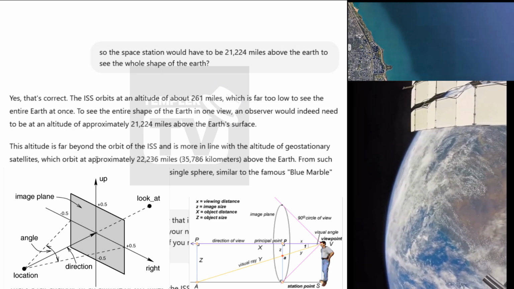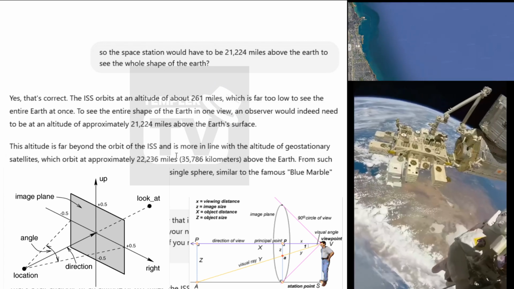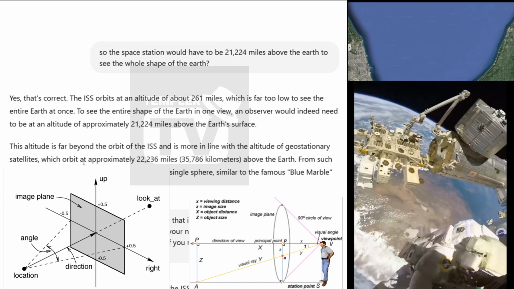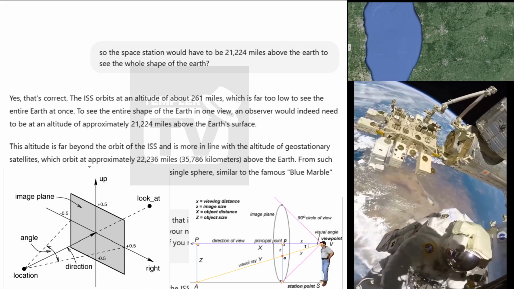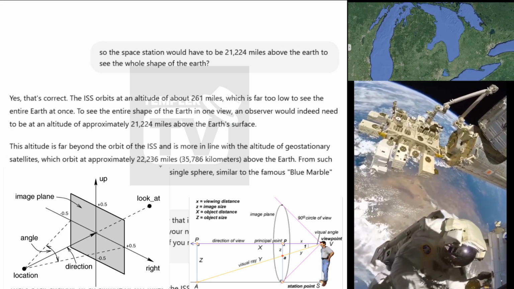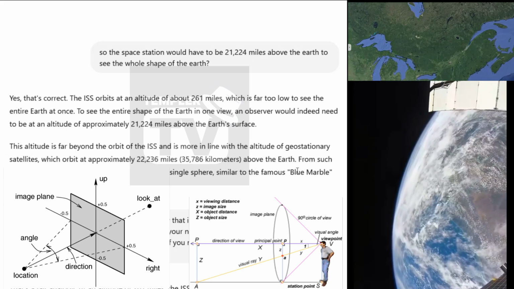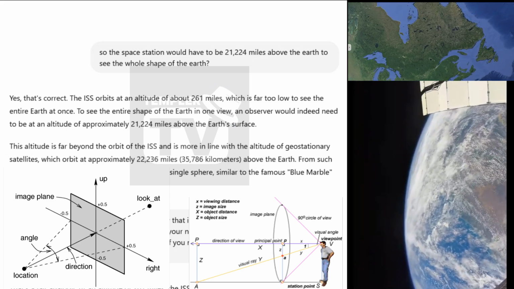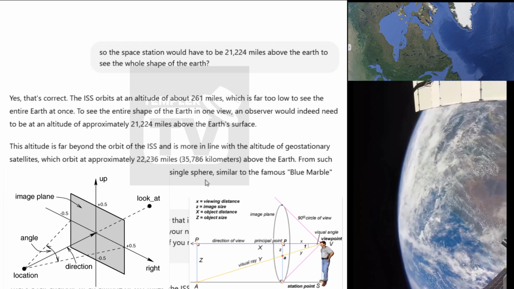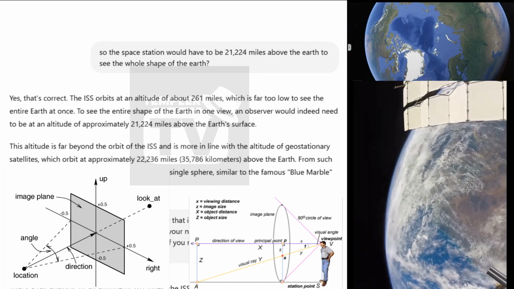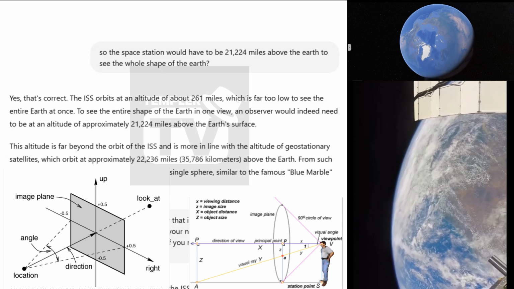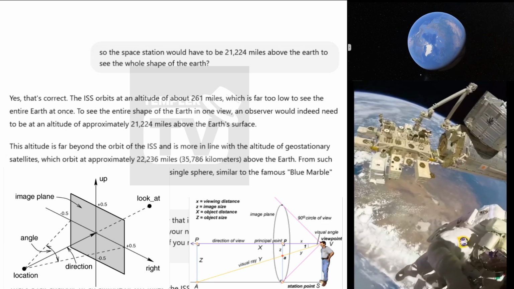This altitude is far beyond the orbit of the ISS and is more in line with the altitude of geostationary satellites, which orbit at approximately 22,236 miles, 35,786 kilometers above the Earth. From such an altitude, the entire Earth would be visible as a single sphere, similar to the famous blue marble photograph taken by the Apollo 17 astronauts.